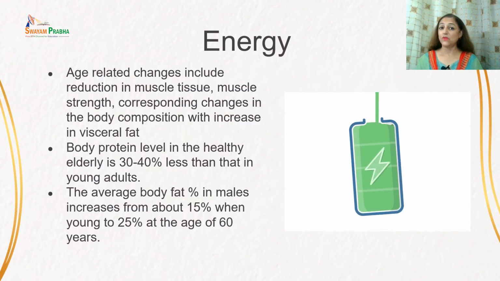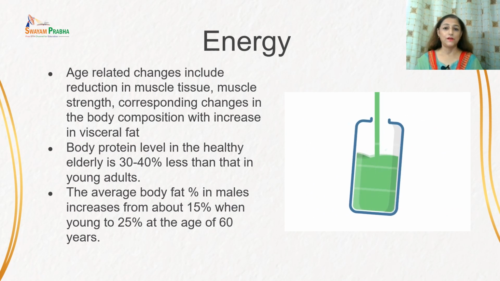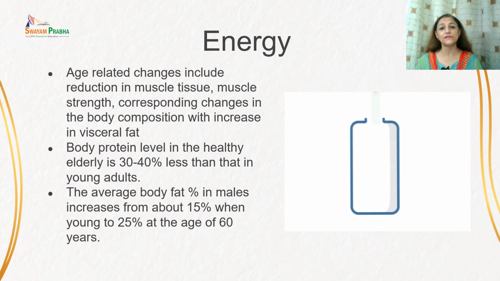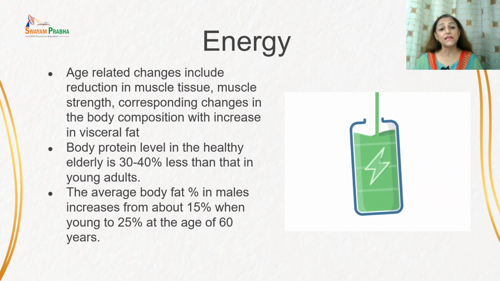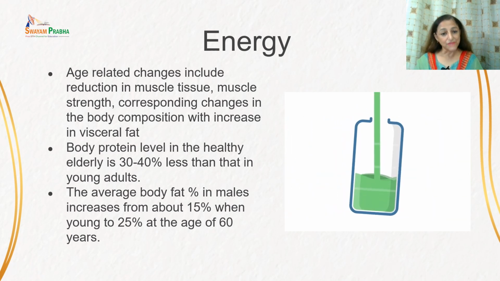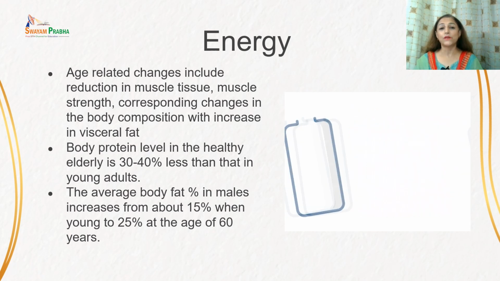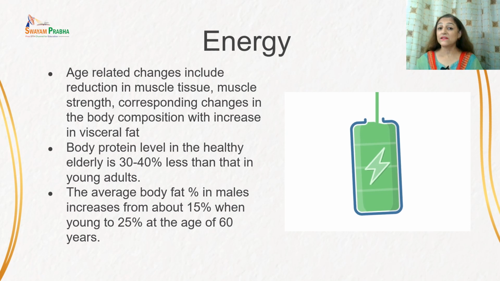Let's talk about energy requirements first. As we know, with the elderly population, there are so many changes which occur, which include body composition and other activities. Age-related changes include a reduction in the muscle tissue and muscle strength, and along with that, there are corresponding changes in the body composition, which increase the visceral fat.